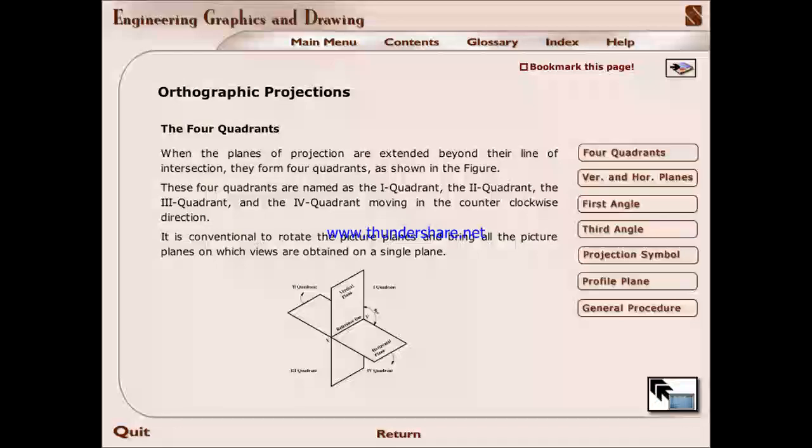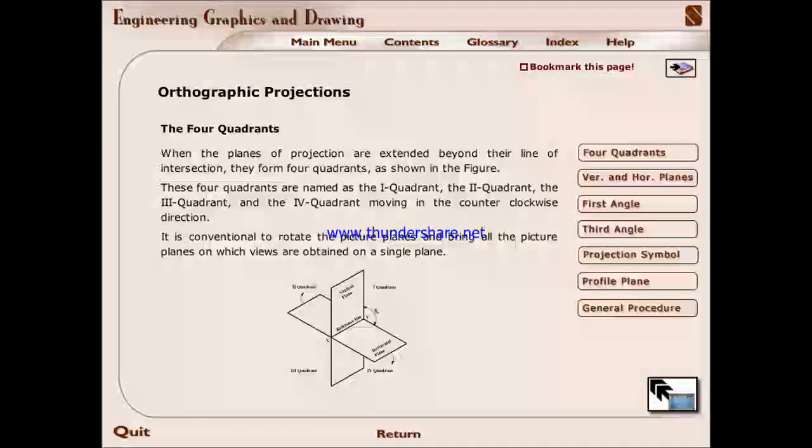The four quadrants. When the planes of projection are extended beyond their line of intersection, they form four quadrants, as shown in the figure. These four quadrants are named first quadrant, second quadrant, third quadrant, and fourth quadrant, moving in the counterclockwise direction.